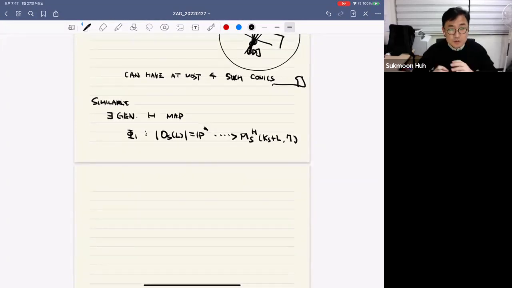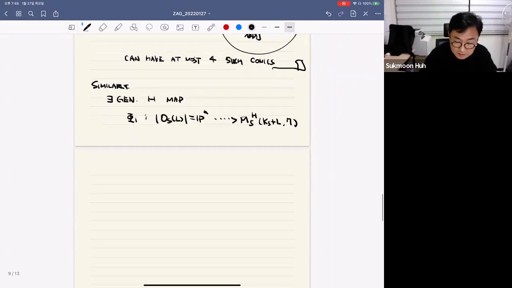Okay, so this is our first approach. And the second approach is to consider everything downstairs. In the first approach, we consider upstairs after blowing up. In the second approach, we try to move everything back downstairs by applying the pushforward.